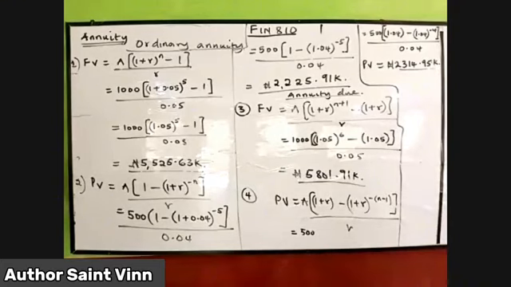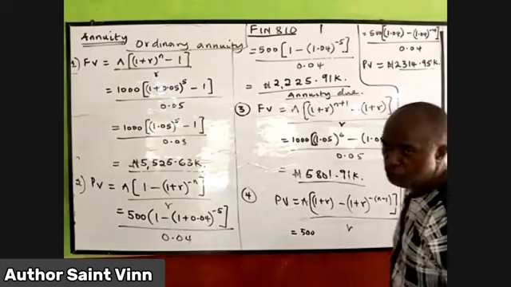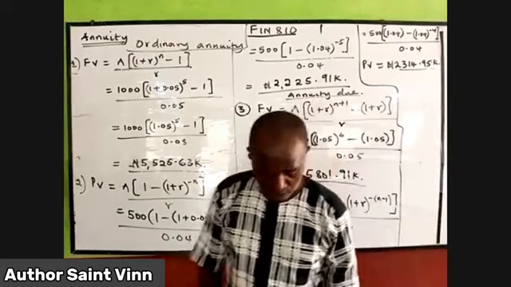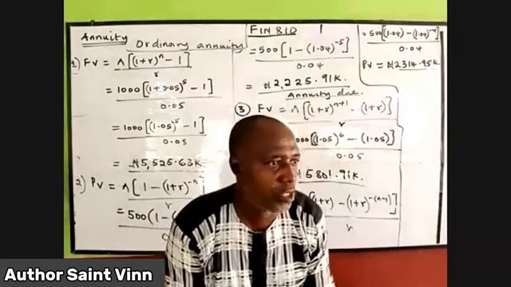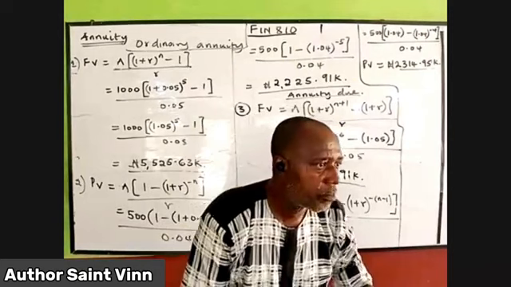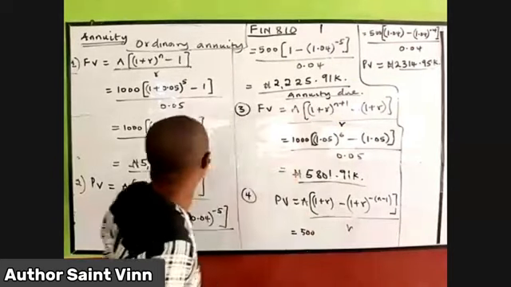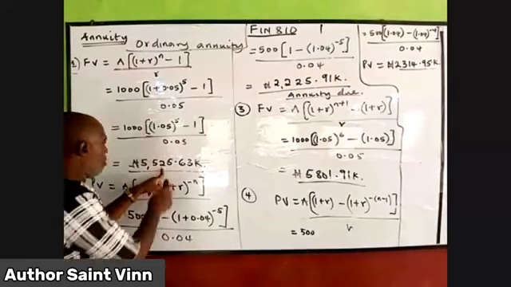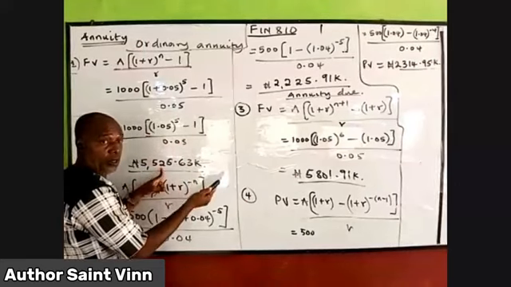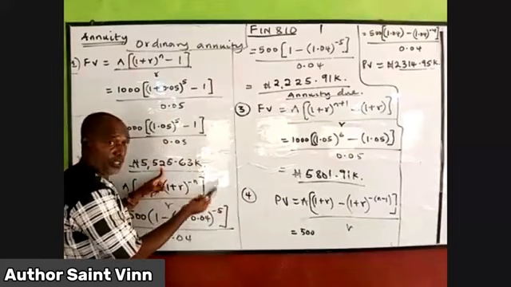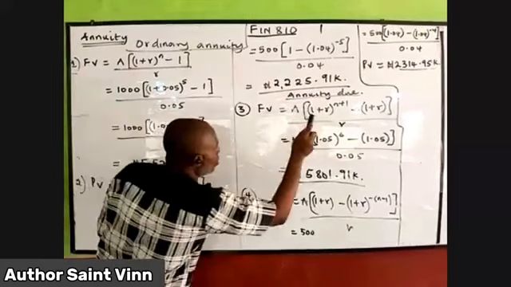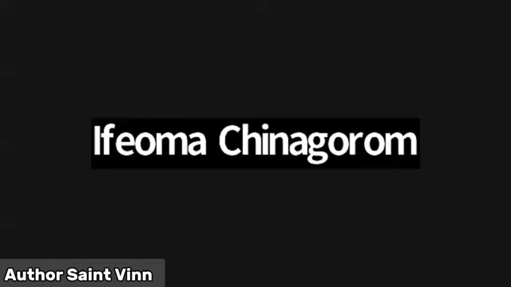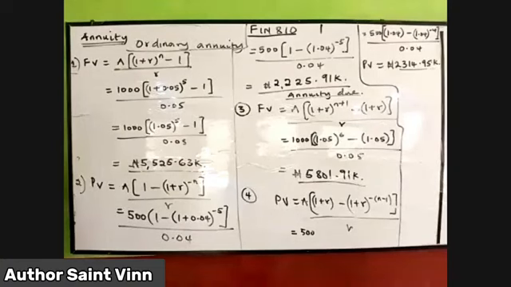Ordinary annuity, future and present. Annuity due, future and present. To close this part, you must know the ordinary. This is the ordinary. Multiply this ordinary by 1 plus r, or whatever the r is.